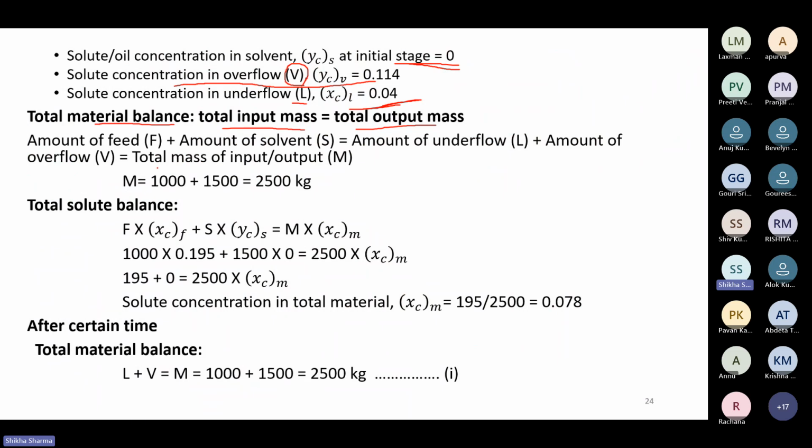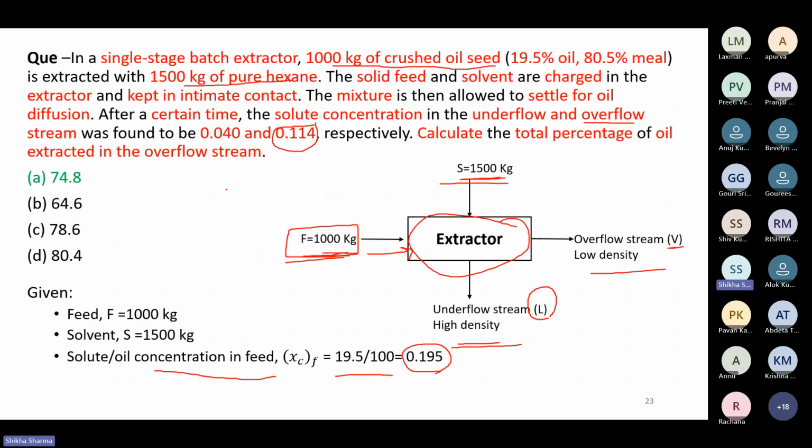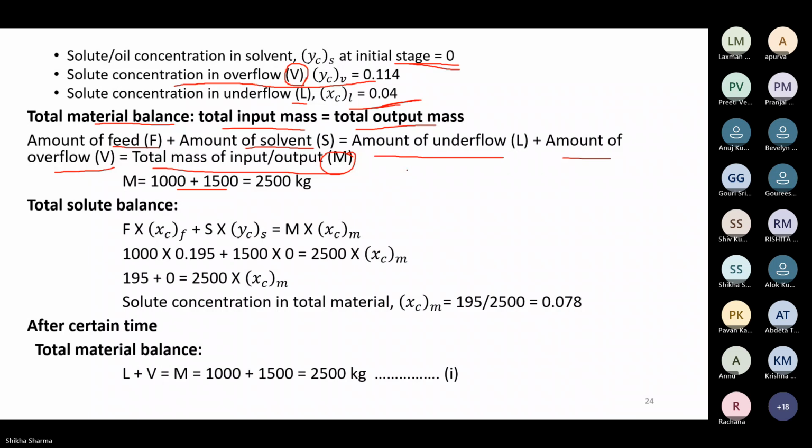So the amount of feed F plus the amount of solvent S equals the amount of underflow plus the amount of overflow, which equals the total mass, which we consider as M. So M equals feed plus solvent. Feed amount is 1000 kg and solvent amount is 1500 kg, so 1000 plus 1500 is 2500 kg.